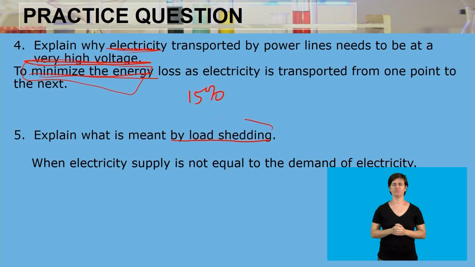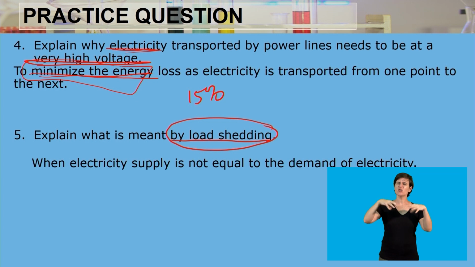Now, what is meant by load shedding is when the supply of electricity does not meet the demand, we institute load shedding, whereby we ration the electricity from one section to the next. So basically we are trying to make sure that each and every area at least gets some electricity from what we have currently generated.